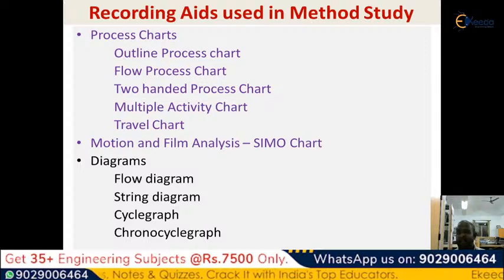Then multiple activity chart. Say, for example, a person who is working on two CNC machines. He is going to program it, give the workpiece, and run the program. Say this program runs for 20 minutes. During these 20 minutes, this person would be sitting idle if he is working on a single CNC machine.